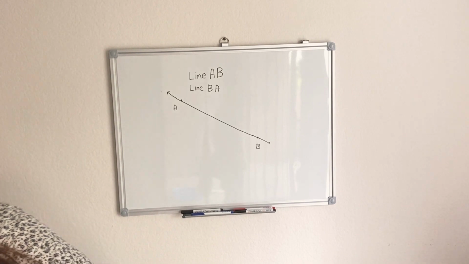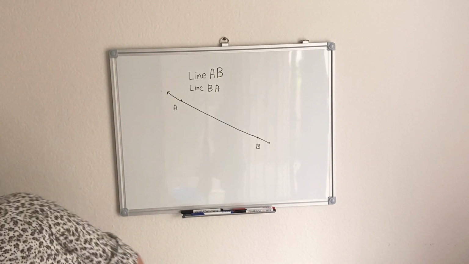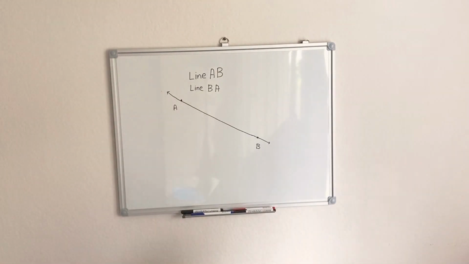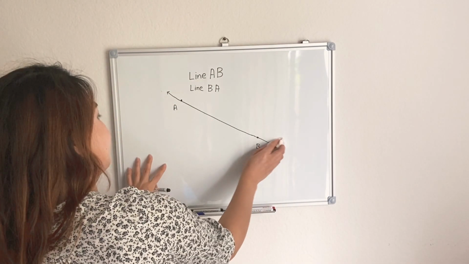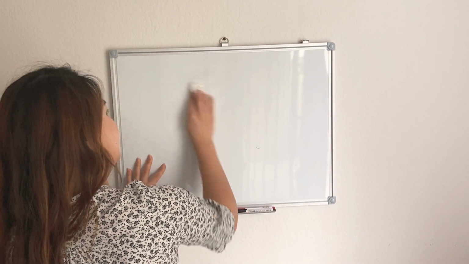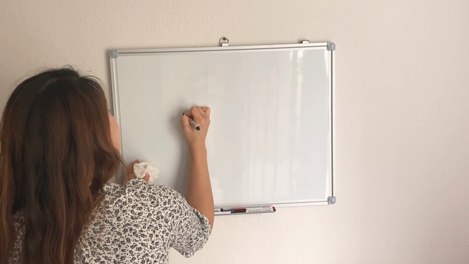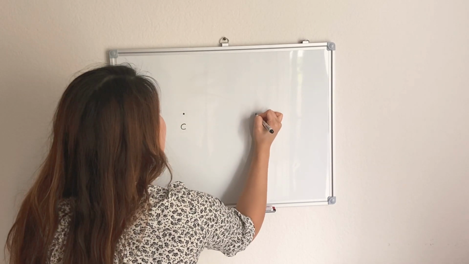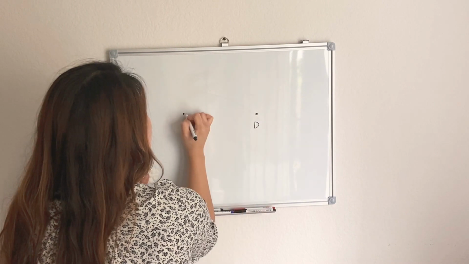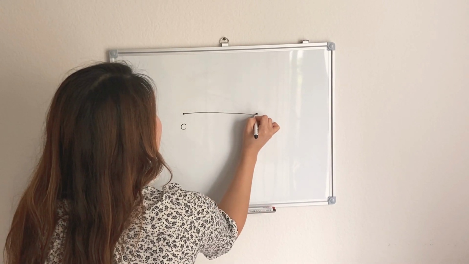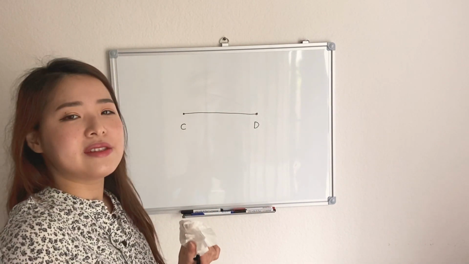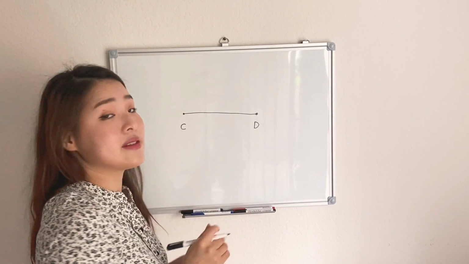Let me now draw a line segment. So I'll have point C and point D, and I'll draw a line. Now, what is the name of this line segment?